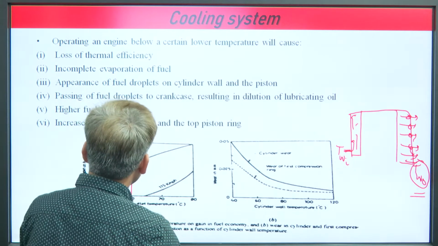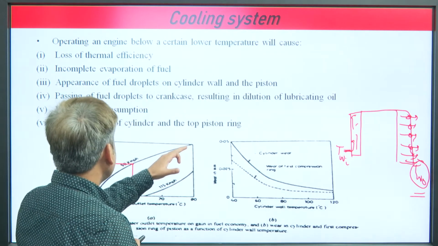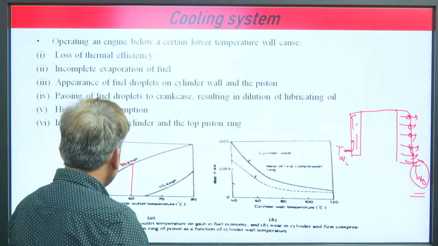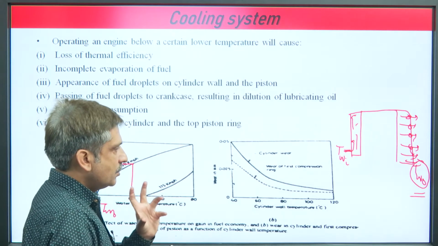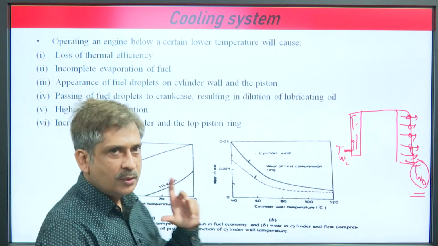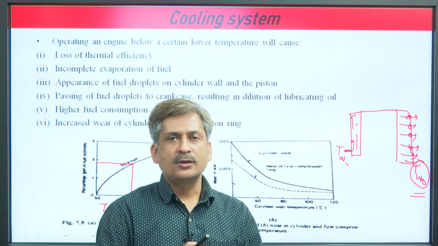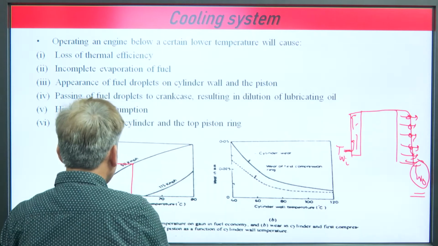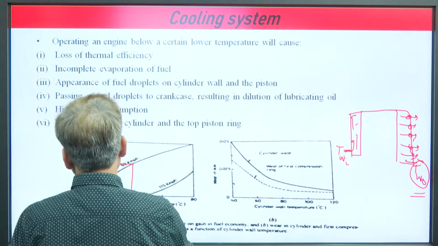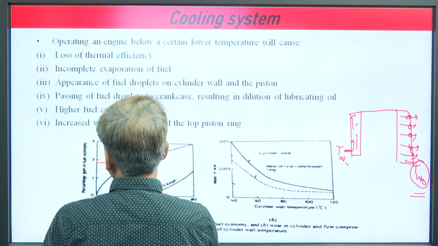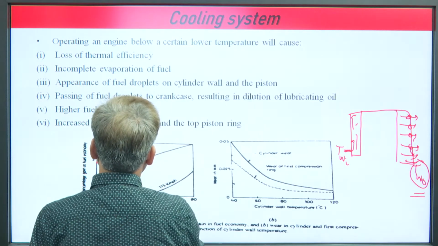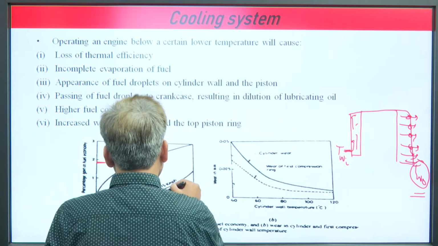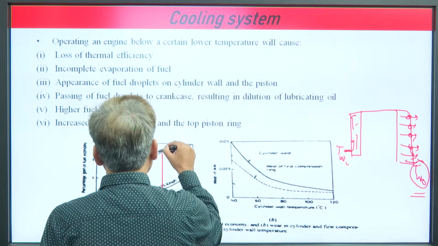You are running the engine at the same speed, but you change the outlet temperature, either by using a pump or by increasing the flow rate, controlling the outlet water temperature. If you increase the outlet temperature to 60, the fuel economy increases by approximately 2%. Similarly, for 70, it is further increased.